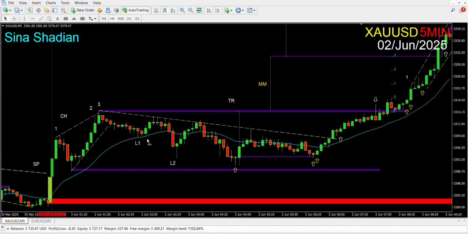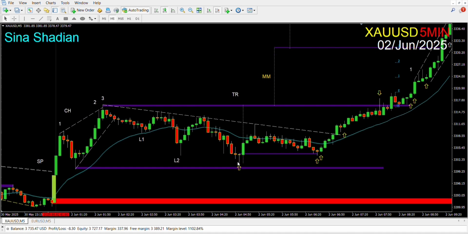Now there are a few key points here that I need to mention. First of all, this first and then second leg after a channel breaks is an inevitable price action criterion. So after the second leg forms, it comes back up. That's why you can see this series of bullish candles.